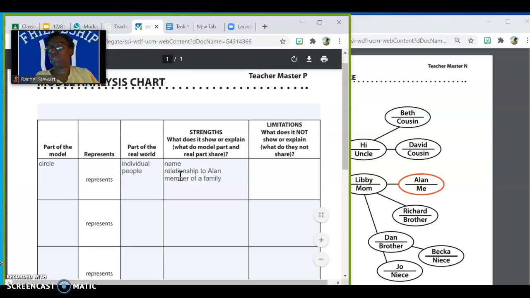But this is what we do not know. It doesn't tell us anything about the person. Okay. And also the circle is not an organism.